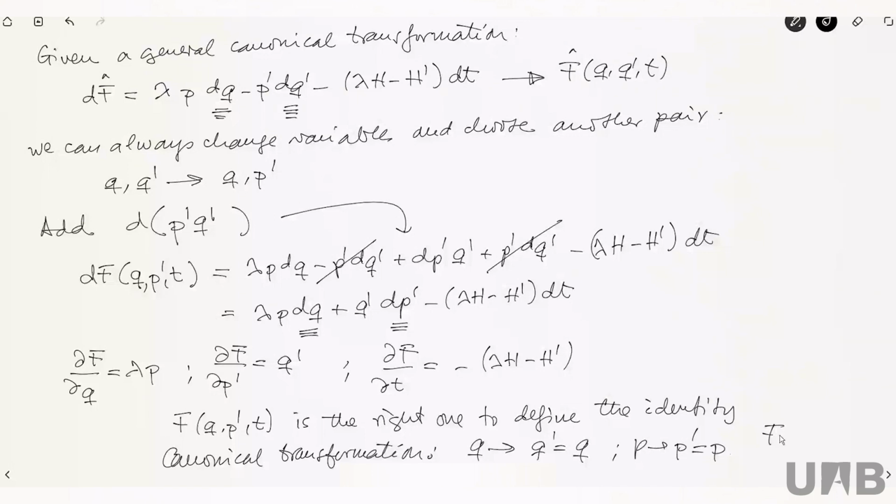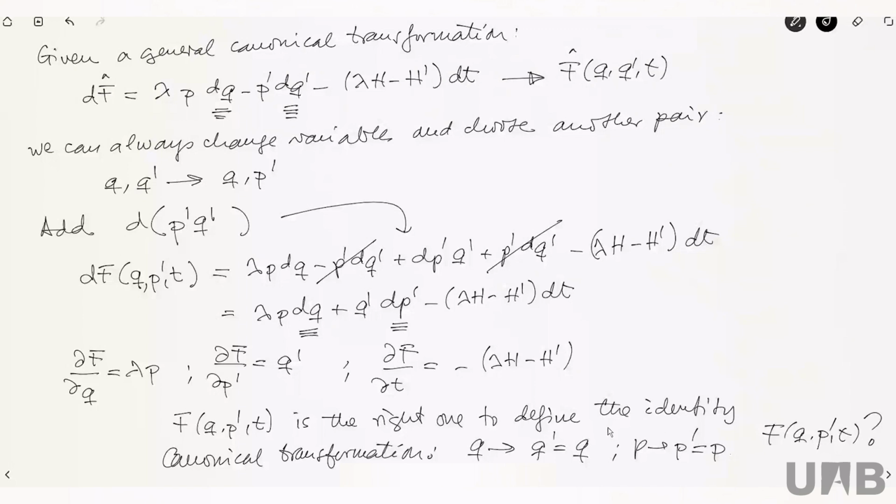So who is this f? This is why we had to change variables, to really find an f that does this simple thing in a very easy way. So which is the f that does this thing?